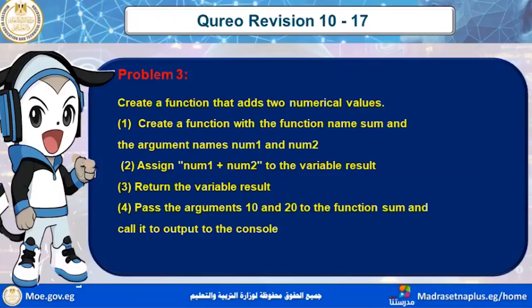Then return the variable result, and call the function sum with the arguments 10 and 20. When called, it is output to the console.